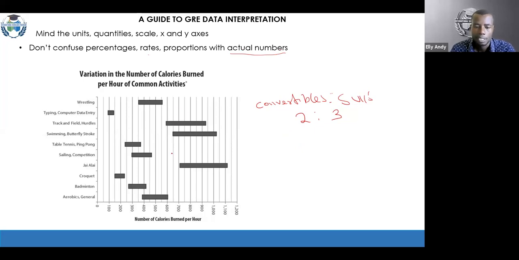And coming back to this chart, look at the x-axis, where we have the number of calories burned per hour. In the y-axis, we have the different types of activities. So if you were to pick, for example, this value here, it represents 1,000 calories burned per hour.